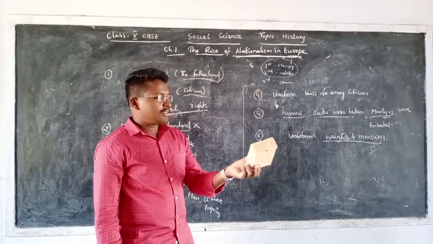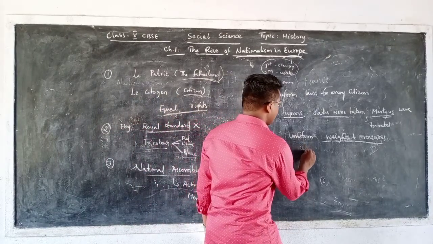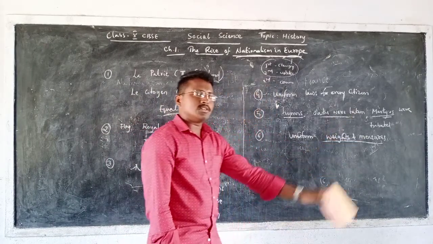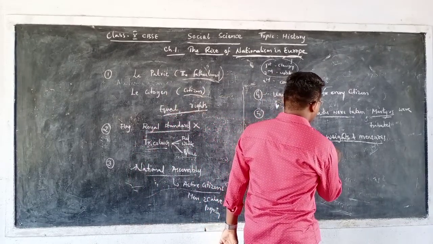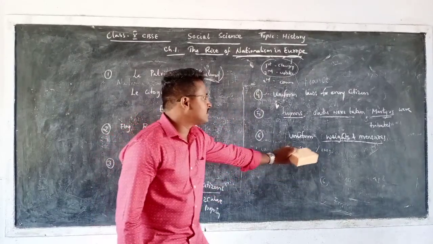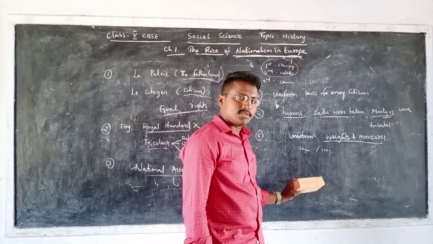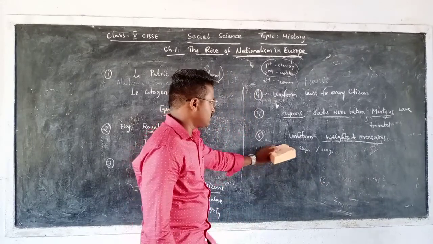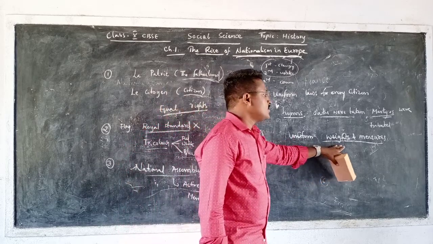For example, if the weight of a duster in one place is 50 grams, by the time you go to another place, its weight may change, maybe 100 grams. Why? Because they were following different weights and measures. People were facing a lot of difficulties. So they decided that wherever you go within the country, everyone should follow uniform weights and measures.